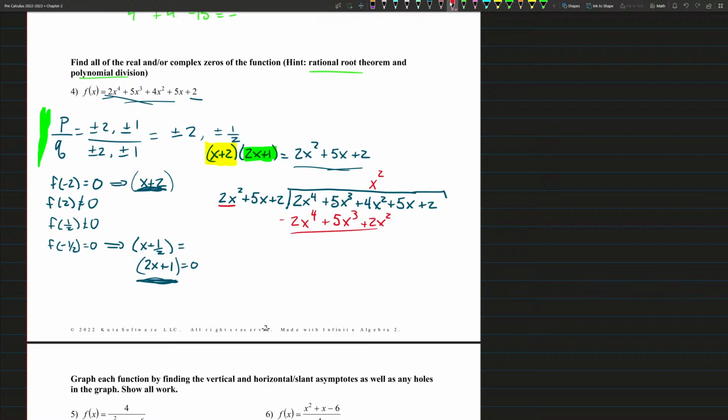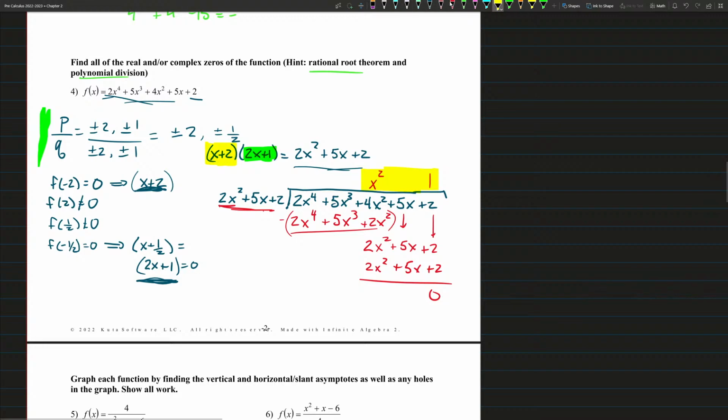We subtract all of that. 2x squared goes into 2x squared, so this whole thing goes in one time. So then we get 2x squared plus 5x plus 2. That whole thing is 0. There's no remainder. So this is definitely a factor because we checked that, and this up here is a factor as well.